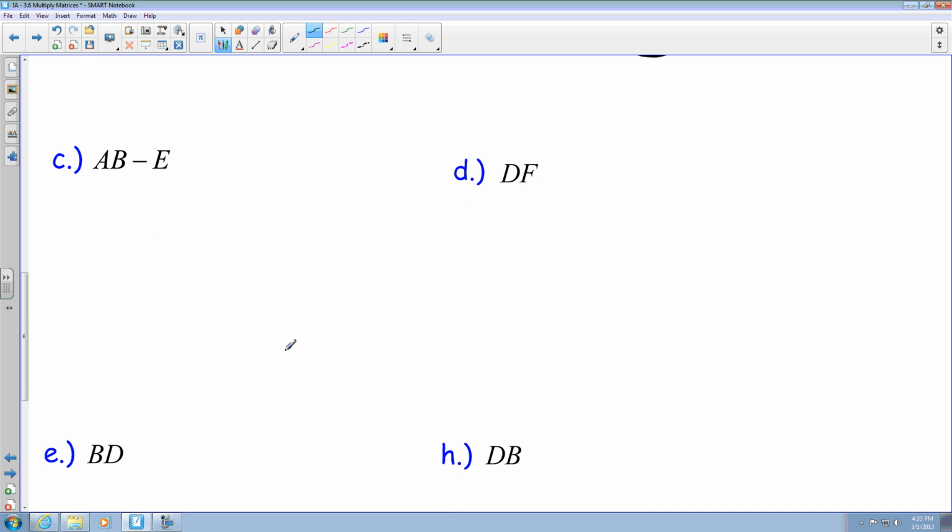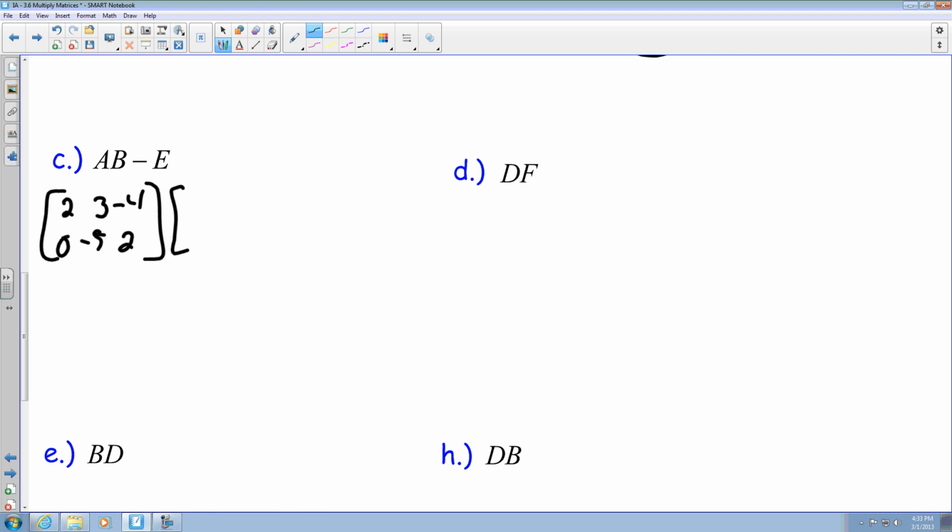We look at C. It says I have matrix A times matrix B minus matrix E. So again, we're going to use order of operations to help us out. We first have to take the product of A and B. So now I have 2, 3, negative 4, 0, negative 5, and 2.